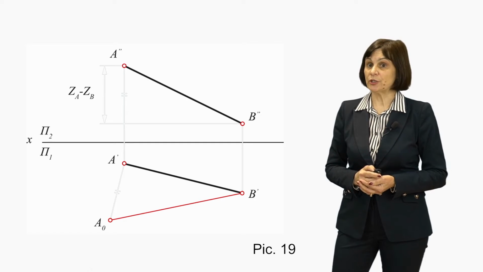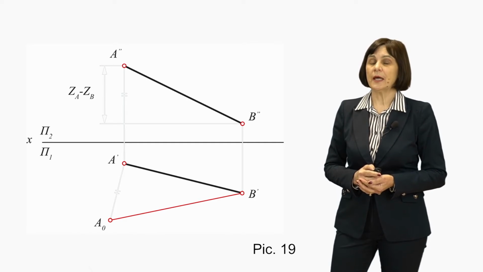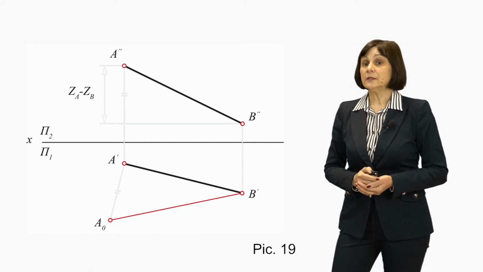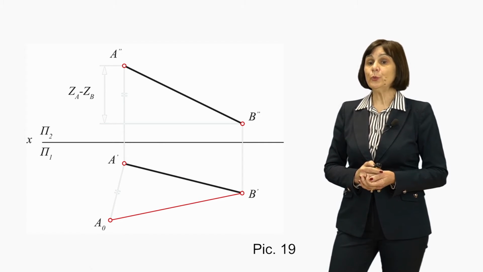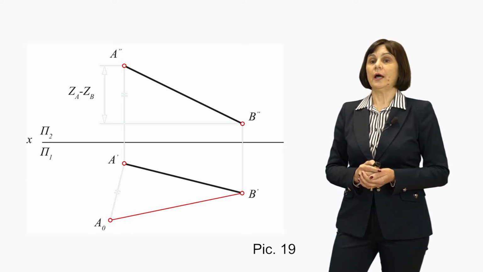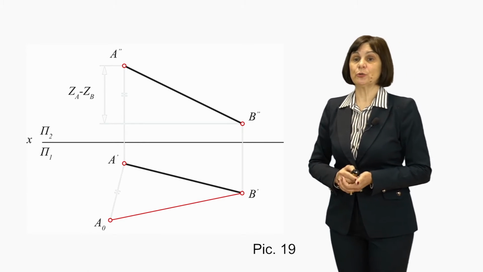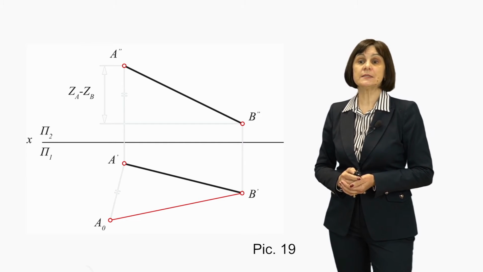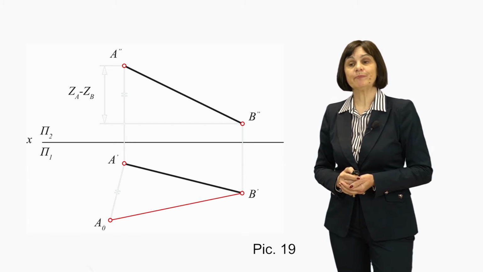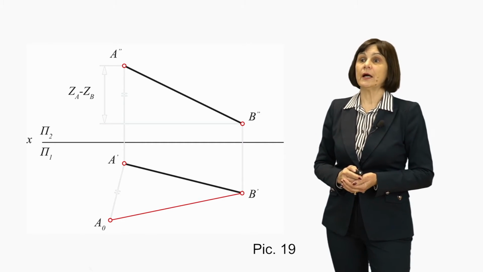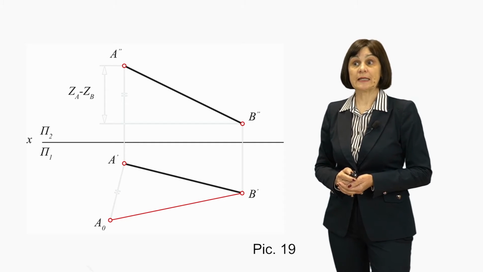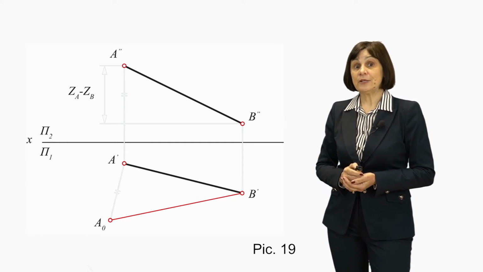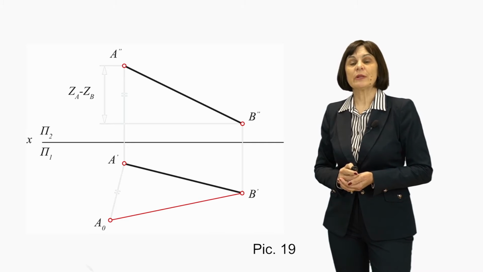On this perpendicular line, we mark the difference ZA minus ZB. Then we should connect the new point A0 at the end of our segment perpendicular to the segment AB. So we connect the new point A0 with the point B and get the natural value of the segment AB. On our drawing, this natural value is denoted with red color.